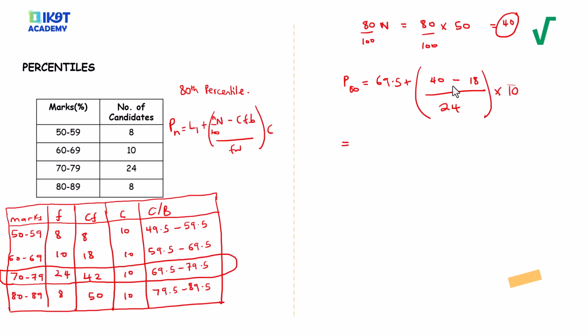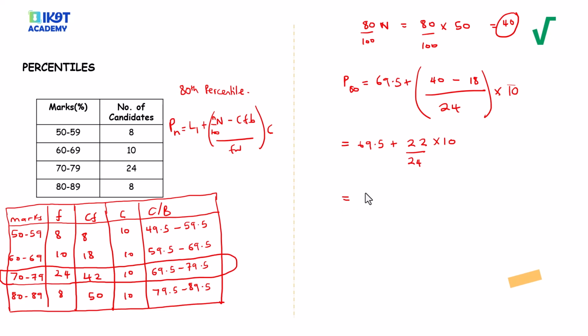Many students tend to forget this class interval when they're quoting the formula. They usually just forget, and you end up losing all the marks because everything will be wrong from the start. So we have this plus 22 out of 24 times 10. So what do we end up having here?